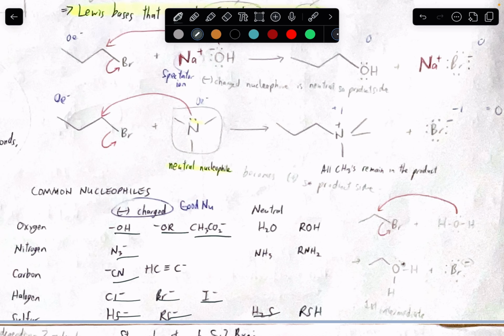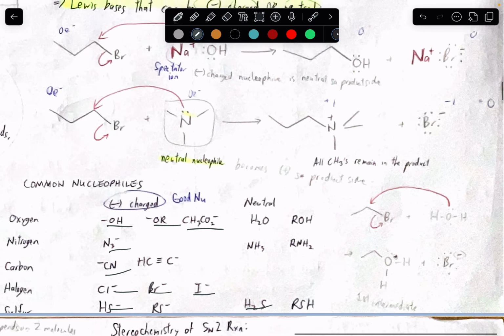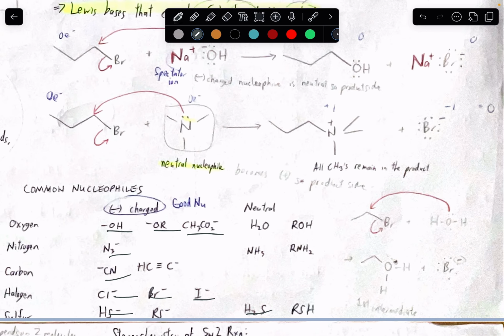This one's hydrogen sulfide, I think. Yeah, so neutral nucleophiles, we have water, ammonia, ammonium, RNH2, as well as ROH. So it's not that hard to remember.